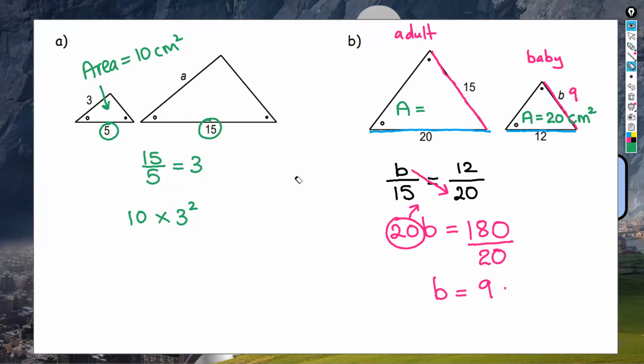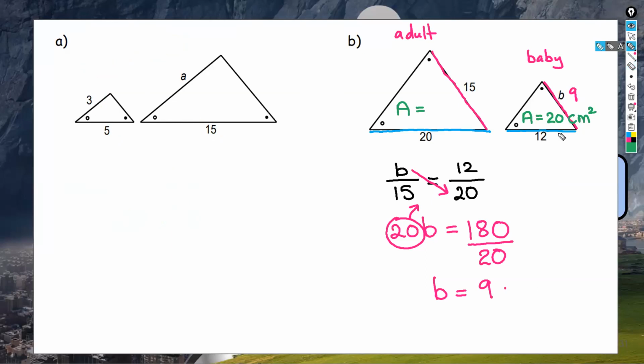So for this question, how many times did the sides get larger? All you have to do is take one of the adult sides and divide it by one of the baby sides. 20 divided by 12 is 1.67 or something like that. So the sides got larger by 1.67.